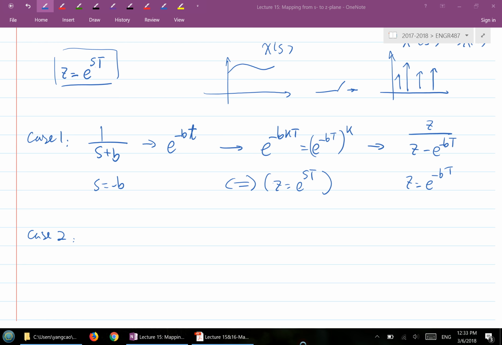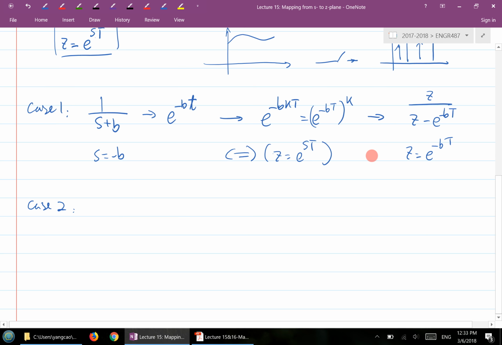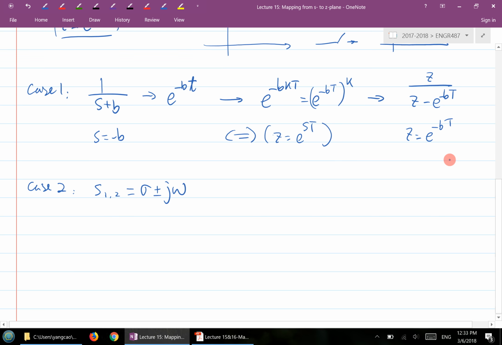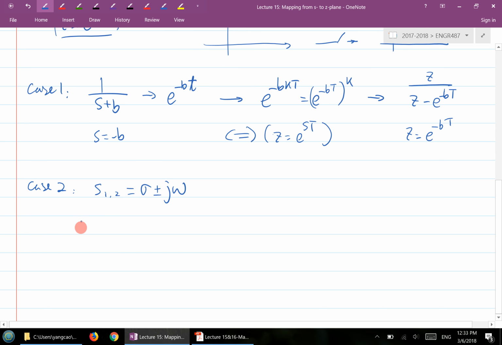This is when you have a real pole. Now let's say I have a pair of conjugate poles in the S domain. That means a transfer function more or less looks like this. If you set the denominator to be 0, you get your poles to be sigma plus minus j omega.